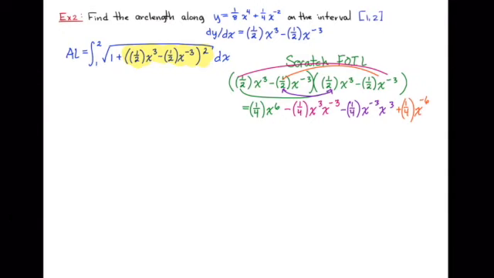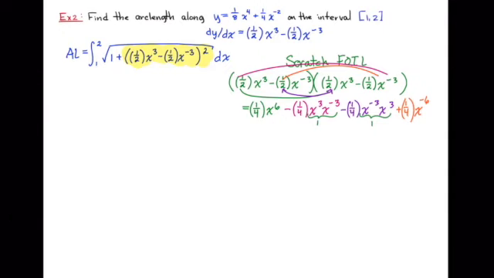Now, in these middle two terms, x cubed times x to the -3 is 1. Think of that as x cubed times 1 over x cubed, so that simplifies to 1.